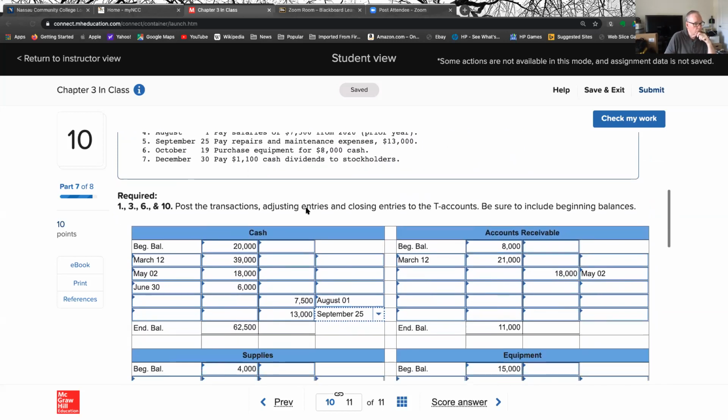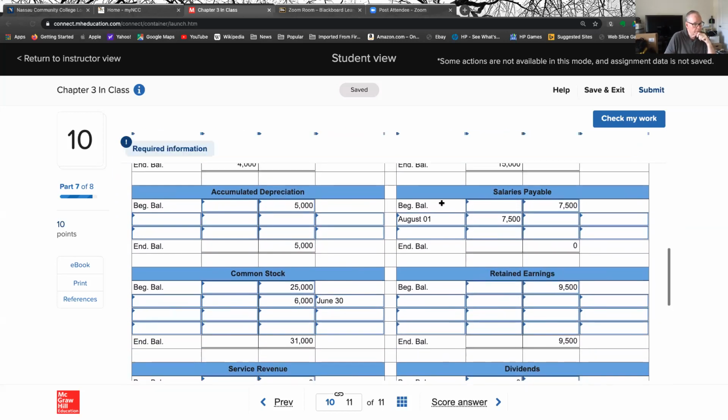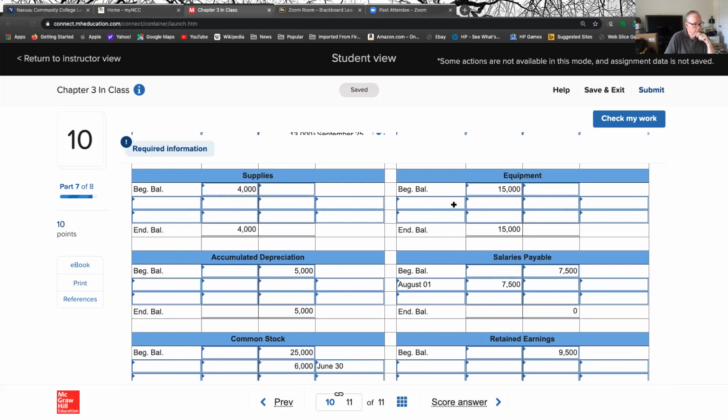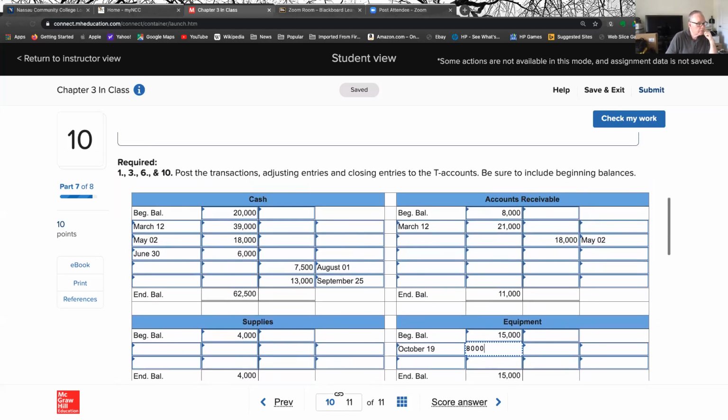Purchase equipment, October 19th, purchase equipment. $8,000 cash. Debit equipment. Huh. We ran out of room. Well, let's see.